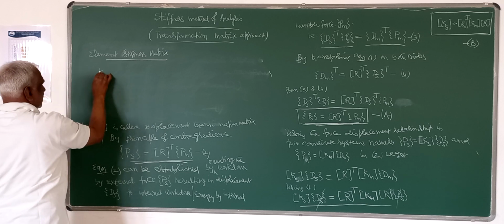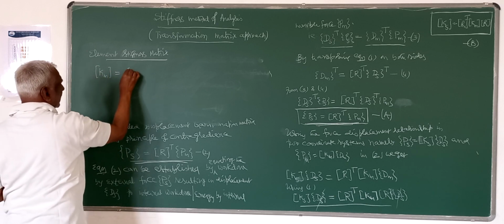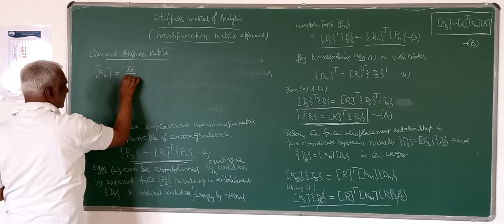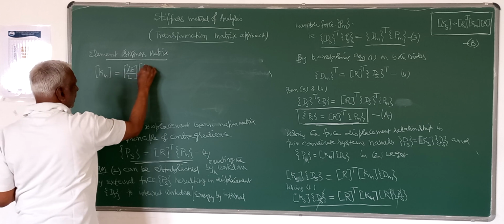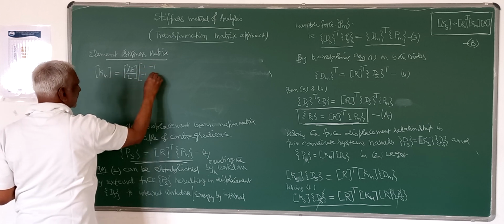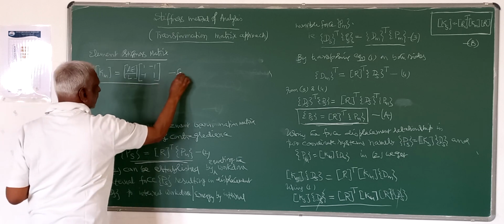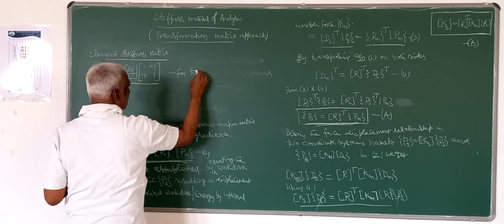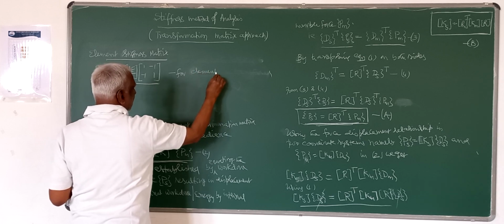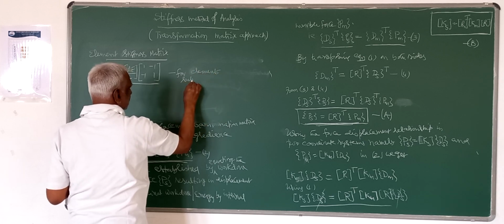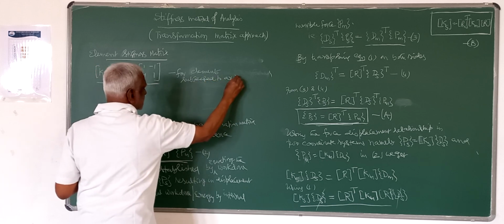For a truss member, the element stiffness matrix is given by AE by L into [1 -1; -1 1]. This is for truss elements, or for elements subjected to axial force only.